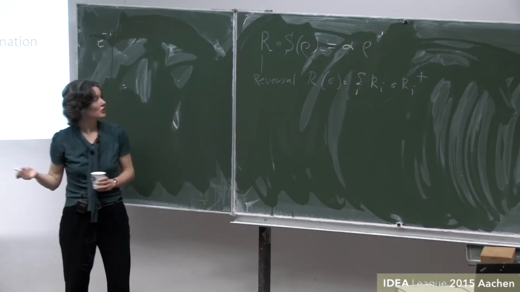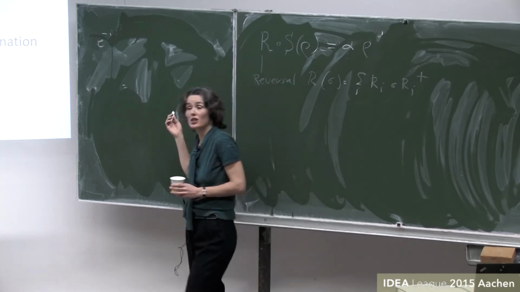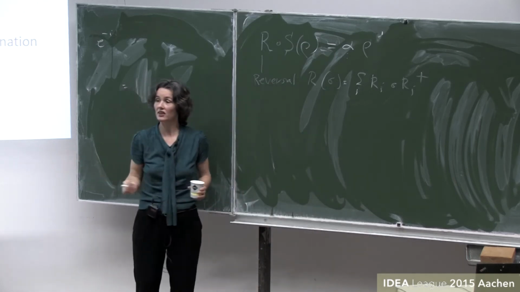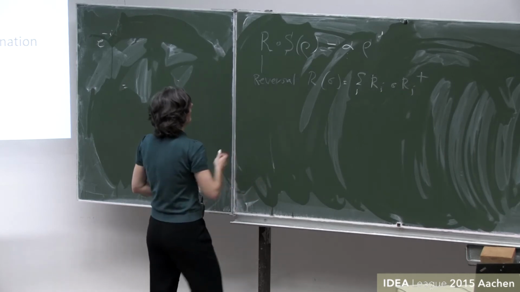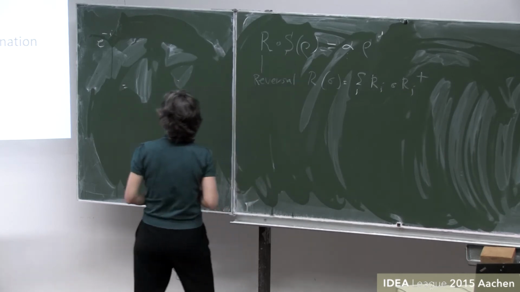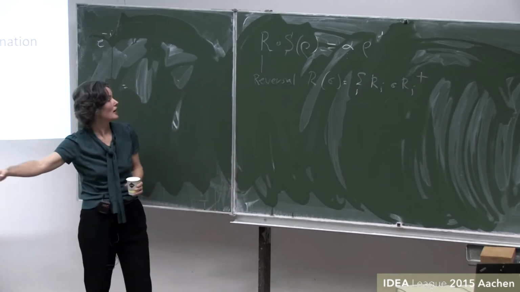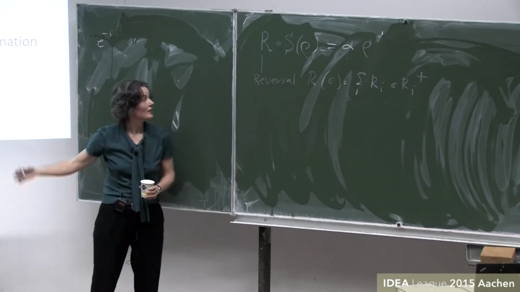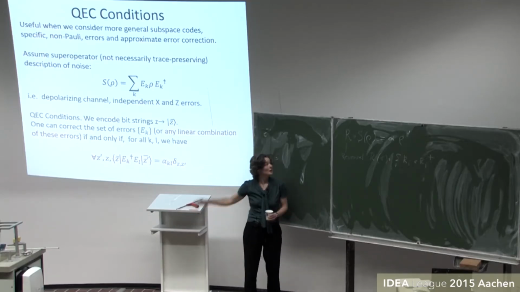This, of course, is a very special thing to happen, right? I have noise, I have a measurement happening, and I can undo it. Okay, this is what this is saying. Maybe the super operator came from some interaction with a bigger environment, and this environment was collecting information of the system. Now I traced out over the environment.